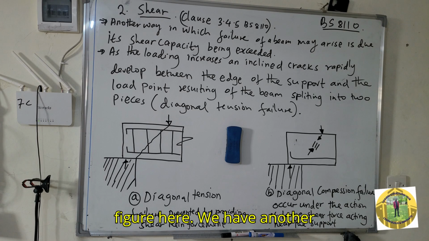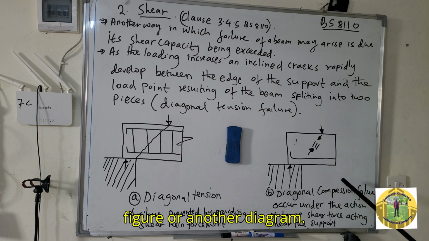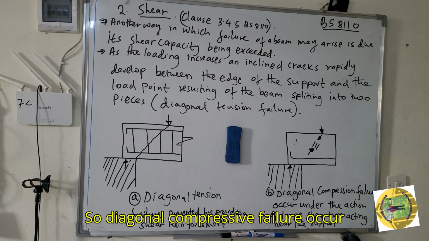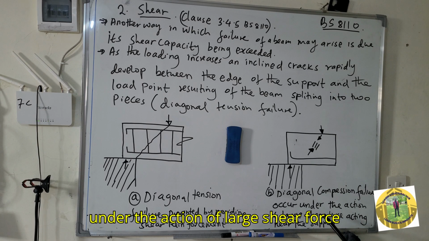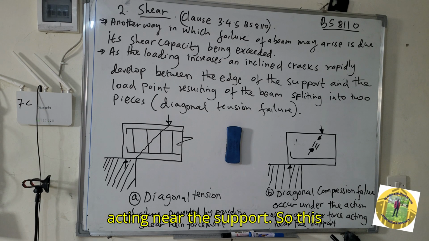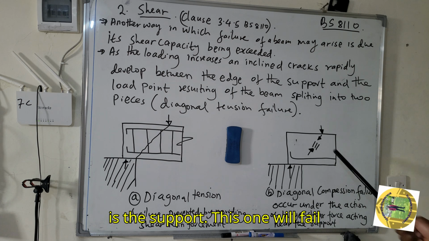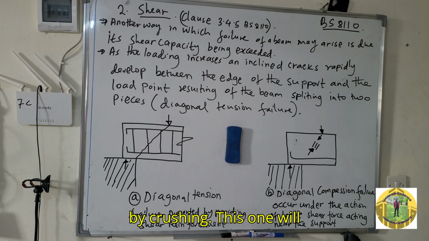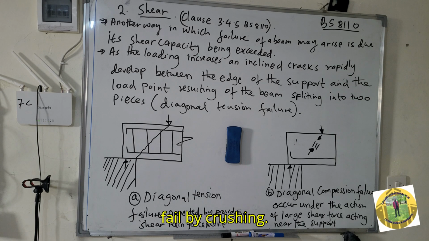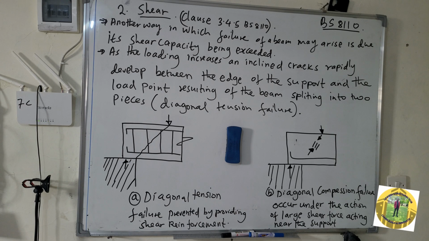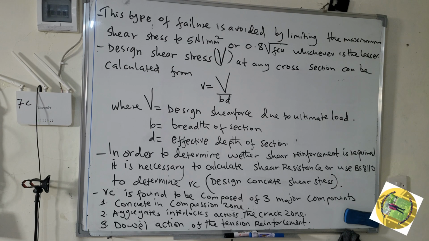Then we have another figure, another diagram. Diagonal compressive failure occurs under the action of large shear force acting near the support. This is the support. This one will fail by crushing.